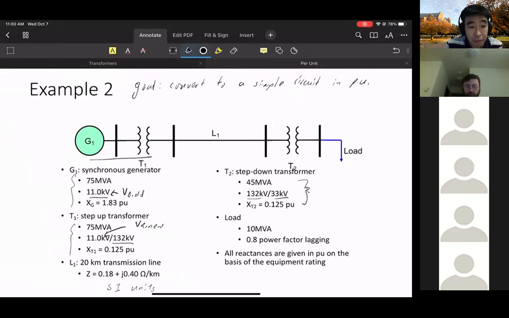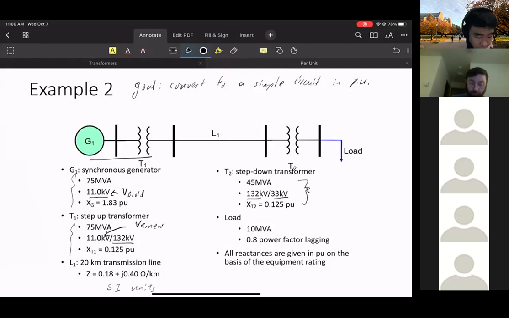The generator has a voltage base of 11 kV. The transformer's primary side, the side connected to the generator, has a new voltage base, but that's also 11 kV, right?